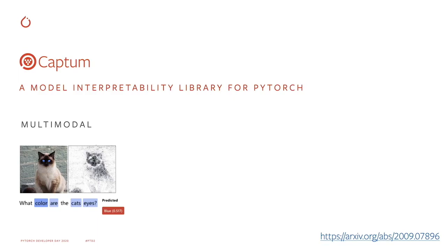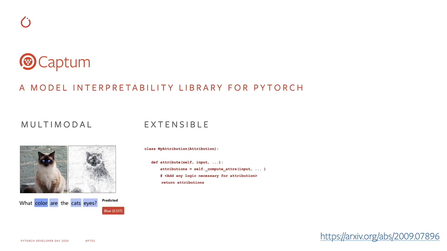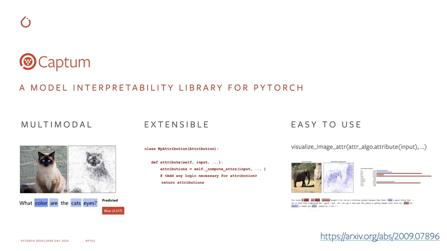This can be text input features, or image, audio, video, any type of dense or sparse features. Secondly, the library is extensible. We can add new algorithms and new features. And thirdly, it is designed for easy use, so we can use it with a couple lines of code. We also have a preprint version of the paper that describes the Captum library in case you decide to use our library and cite the work.